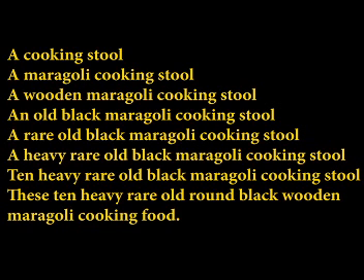We can also talk about 10 heavy, rare, round, black, wooden Maragoli cooking stools. We can also talk about these 10 heavy, rare, old, round, black, wooden Maragoli cooking stools. So with that last sentence, it covers all the order of adjectives following the mnemonic I've just given.